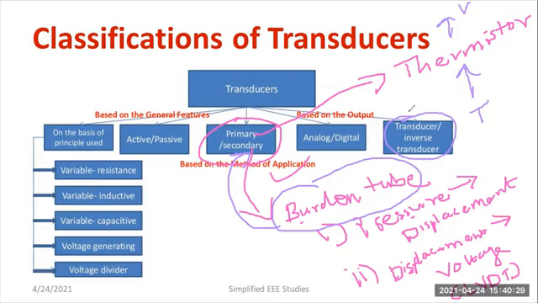In an inverse transducer, the electrical quantity is the input and the output quantity will be non-electrical. For example, an electrical signal is the input, and the output may be sound. Such kinds of transducers are generally called inverse transducers. Hope you understood the difference between transducer and inverse transducer.